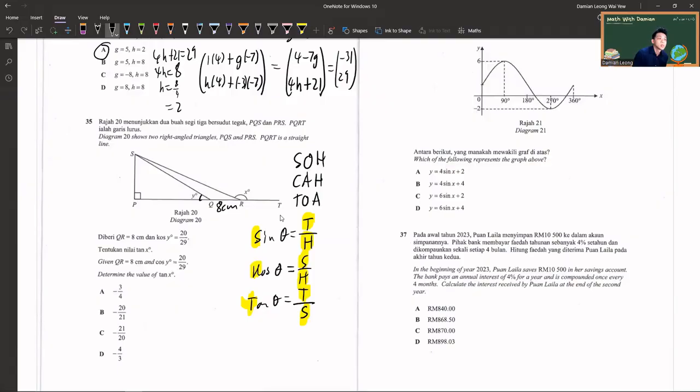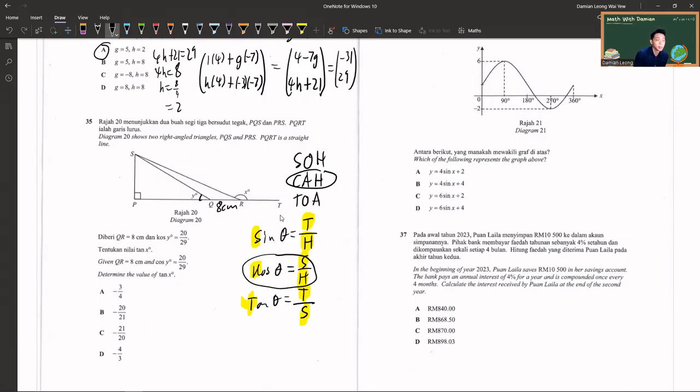So cos ialah adjacent over hypotenuse. Okay, adjacent over hypotenuse kah ataupun sebelah over hypotenuse.